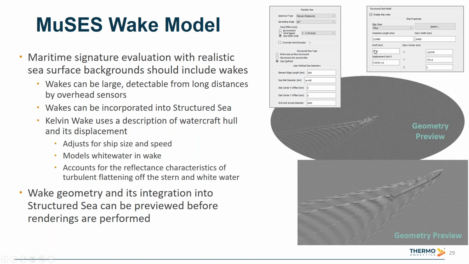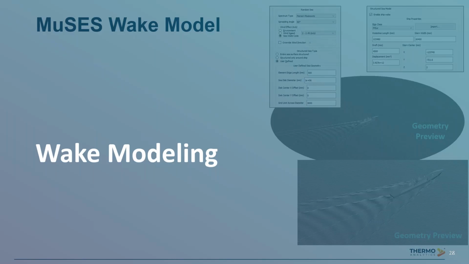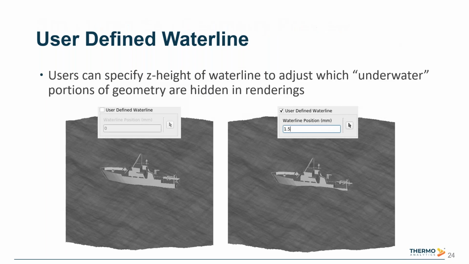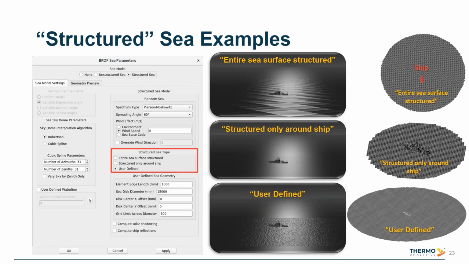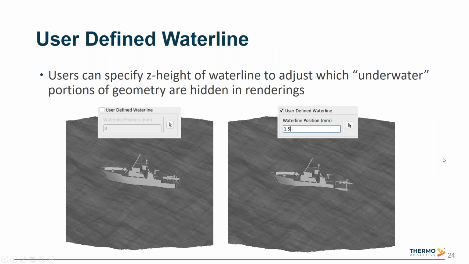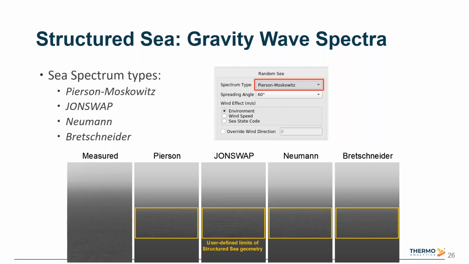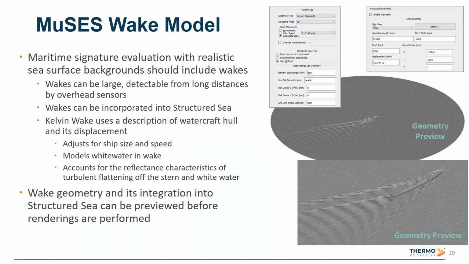Using the displacement and draft of the ship, as well as the location of the stern center, all of those would be inputs into this wake. It also takes into account the inputted waterline from the one slide that I showed previously, right here. So all of that goes into creating a wake. I hope that answered your question.